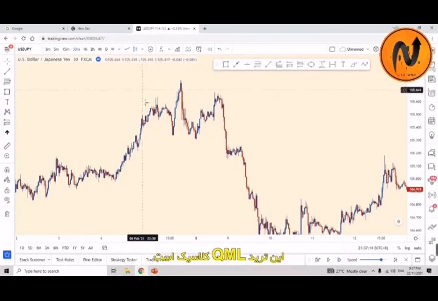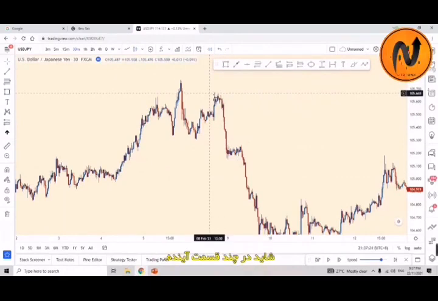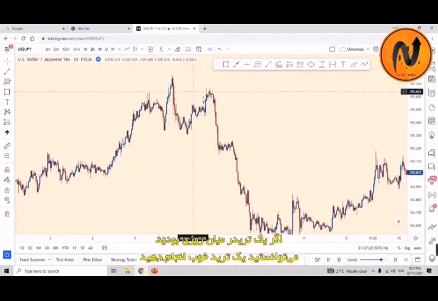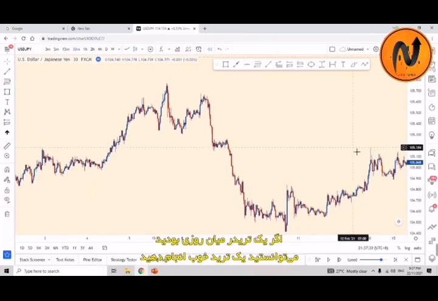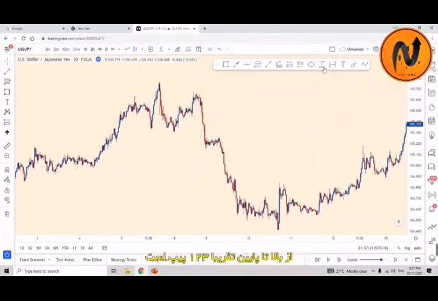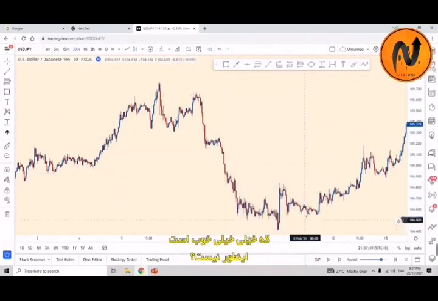This is a classic QML trade, which we will get more involved in in the near future, maybe in a few more chapters. So yes, you can catch a nice trade if you're an intraday trader. You can catch a lot of pips from the top to here. It's 123 pips, which is very, very good, isn't it?